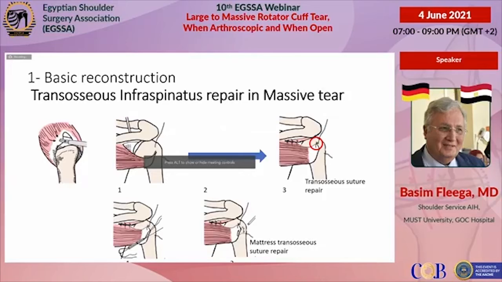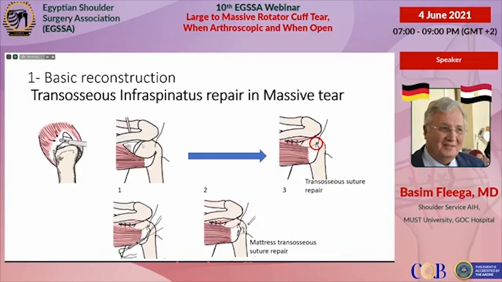Now, reconstructing of infraspinatus large tear associated with massive tear is done by the same way, pulling the upper end of the infraspinatus upwards and finding the point where we want to suture it. At this point, we pass the suture through the bone, and then we pull the suture through the upper end of the infraspinatus tendon.